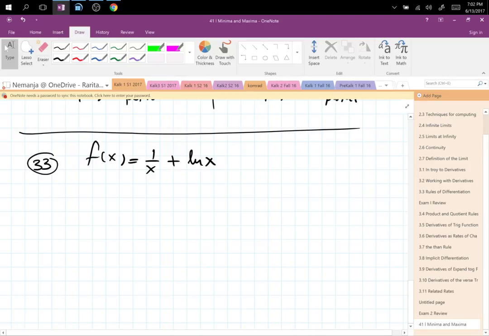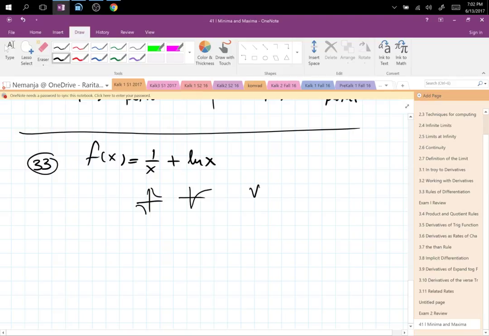You are not going to look for critical points on the parts of the domain where you have no function. So 1 over x graphs this way, which means everything except 0 is the domain. And ln x graphs this way, which is only positive numbers, 0 excluded.